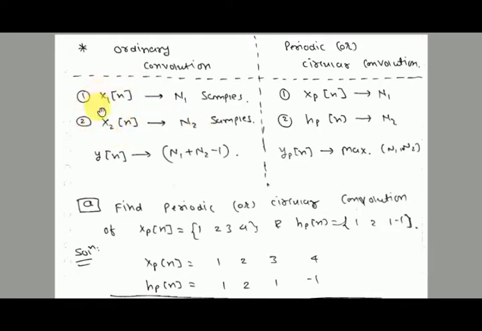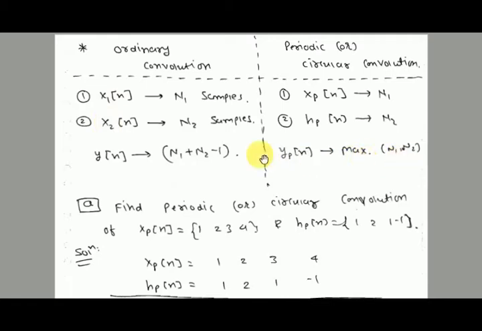So the ordinary convolution of these two signals will have n1 plus n2 minus 1 number of samples, while periodic convolution of these two signals will have number of samples equal to maximum of n1 and n2. Whatever the maximum value between the n1 and n2 will be the number of samples in the periodic convolution of these two signals.